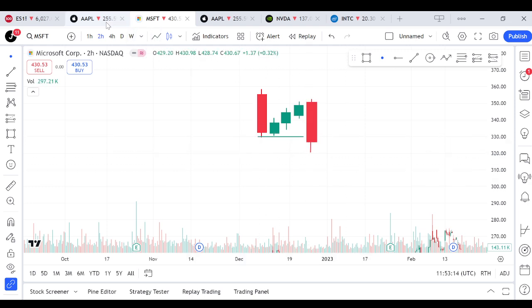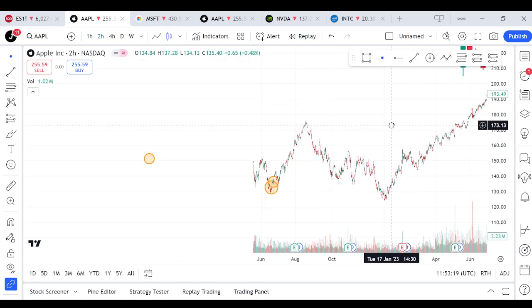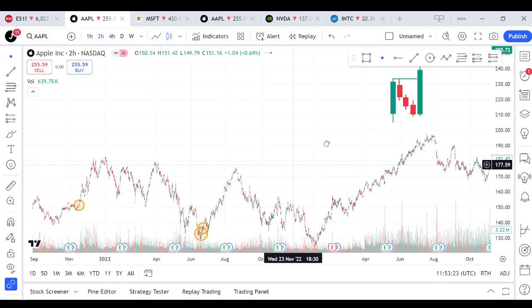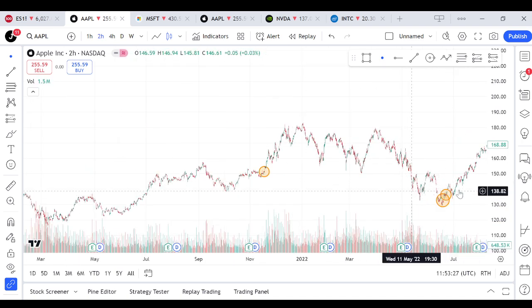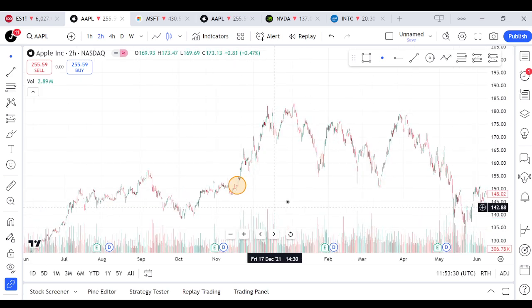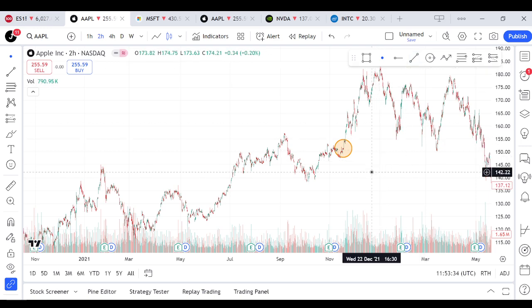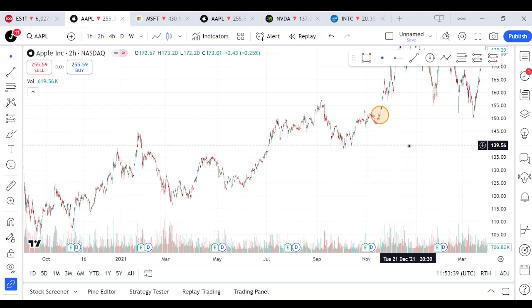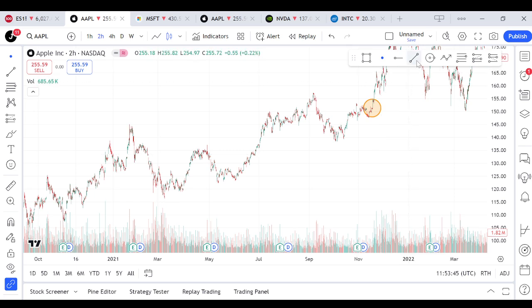So let's quickly look at one or two examples of where we were able to use the rising three methods and the falling three methods to enter some trend continuation trades. For example, you can see in this example, the first step when looking for continuation candlestick patterns is to look at the overall market context and do some technical analysis and some price action.